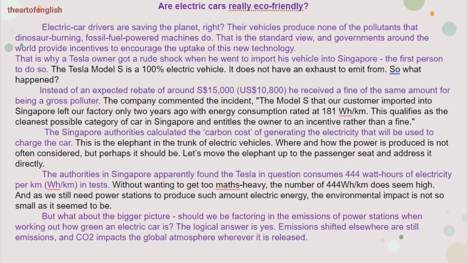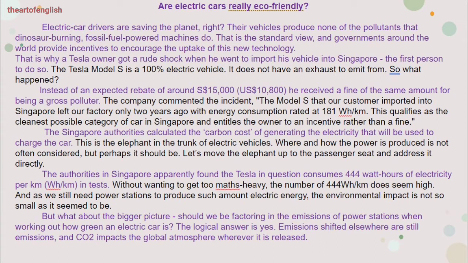That's the standard view, and governments around the world provide incentives to encourage the uptake of this new technology. That's why a Tesla owner got a rude shock when he went to import his vehicle in Singapore, the first person to do so.